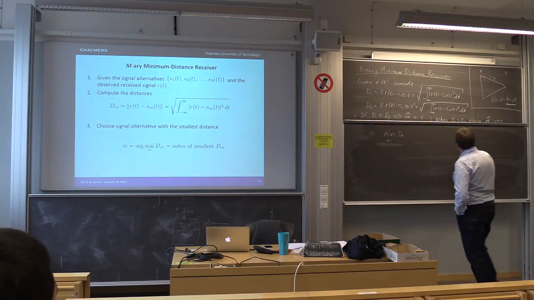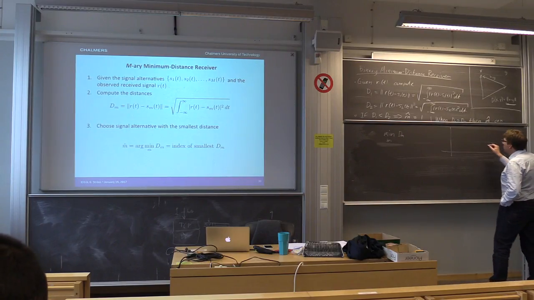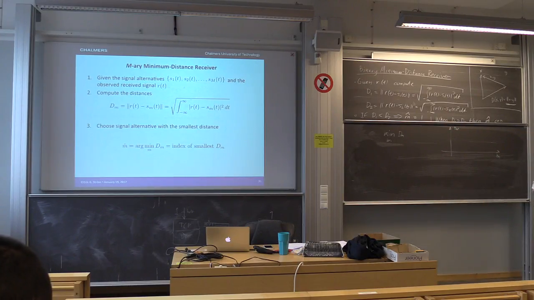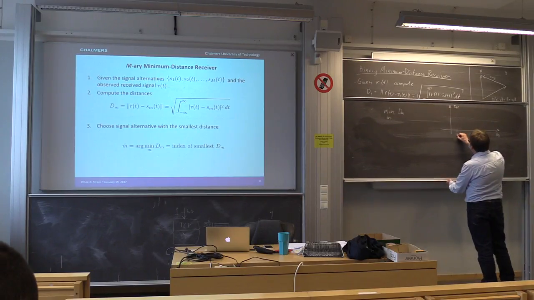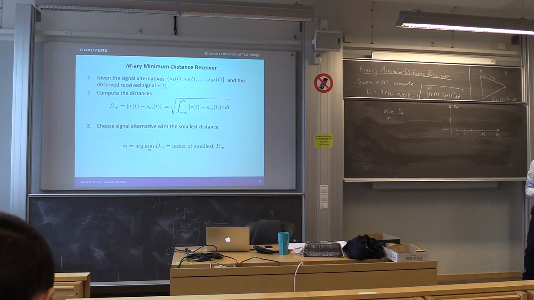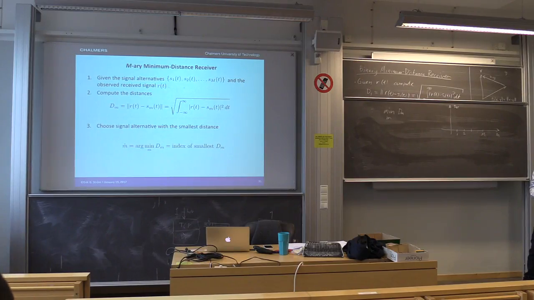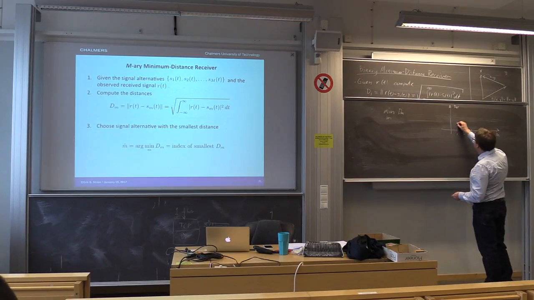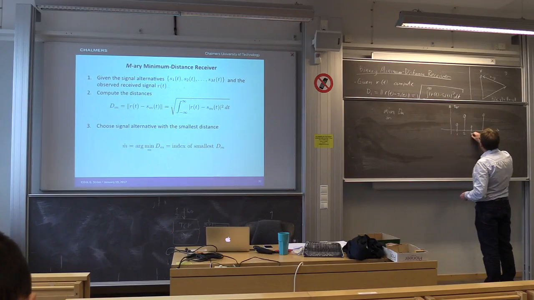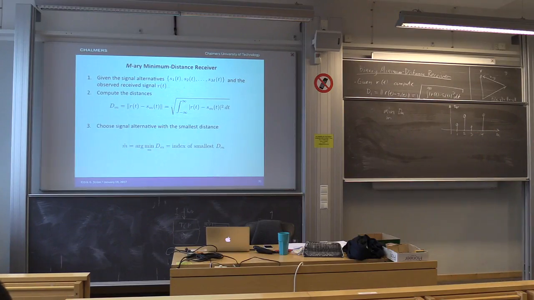If we had dm plotted as a function of m, we have one distance per signal alternative. So we have something for 1, 2, etc., up to capital M. There is one number per possible m here. They're all positive. And say that we only had 4 signal alternatives to be complete here, so M is equal to 4.